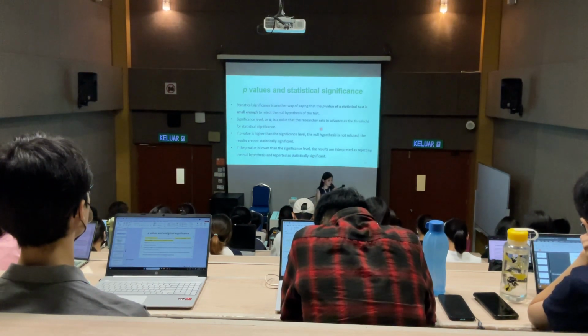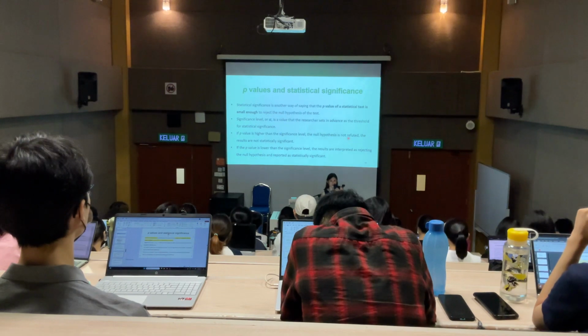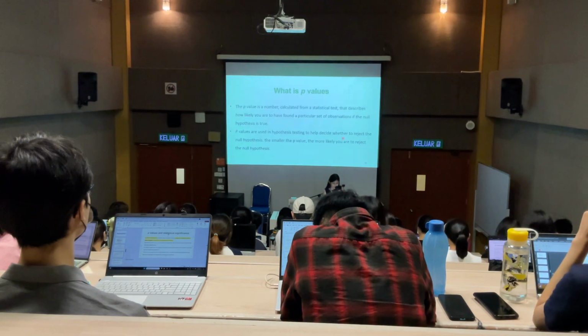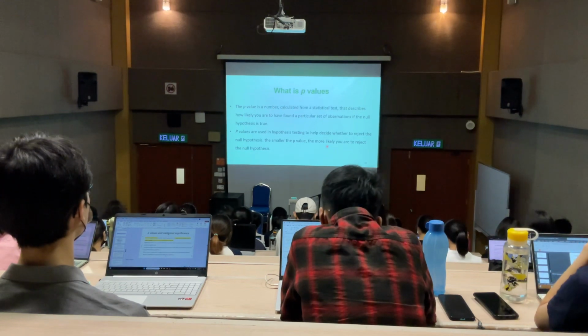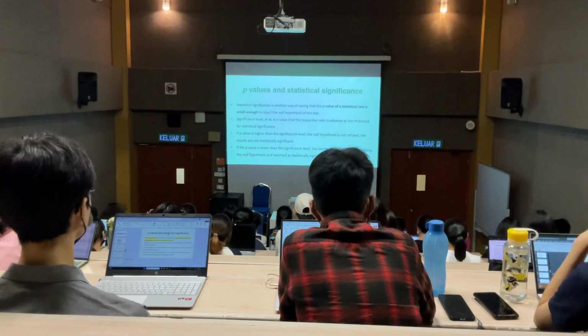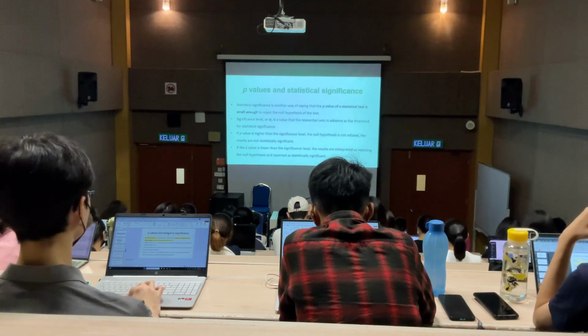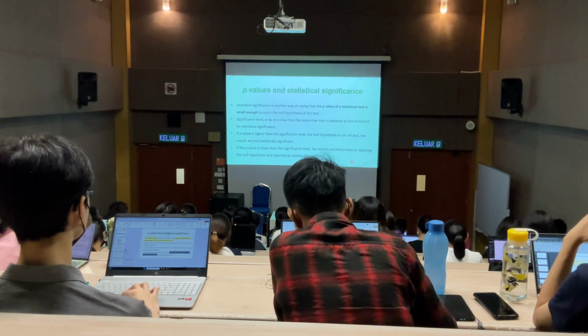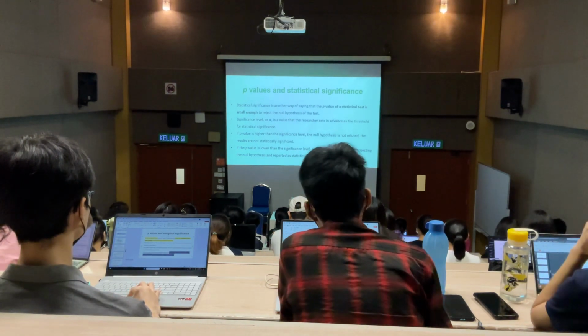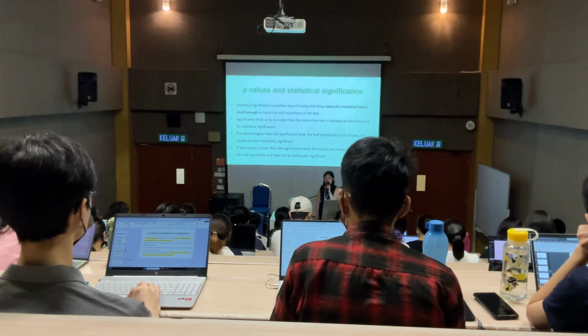Okay? So if your p-value is higher than the level that you have set, the null hypothesis is not rejected. You cannot reject the null hypothesis, because as in the last slide, the smaller the p-value, the more likely you are to reject the null. So if the p-value is low enough, the results are interpreted as reject the null hypothesis, so your studies can be reported as statistically significant because you support the alternative hypothesis.